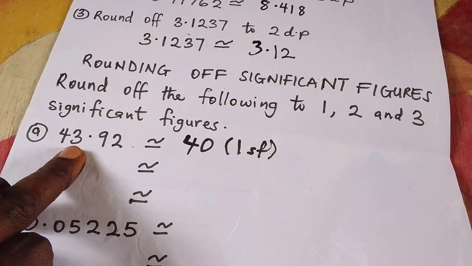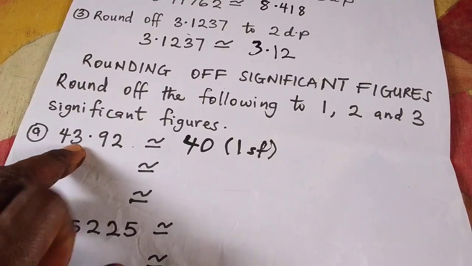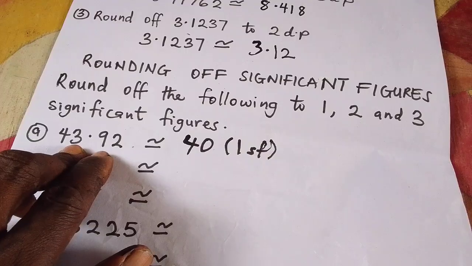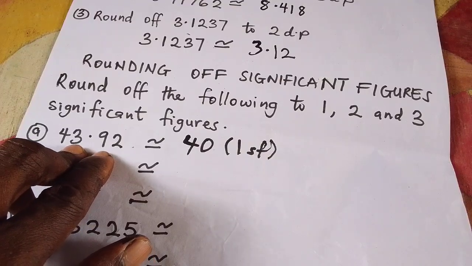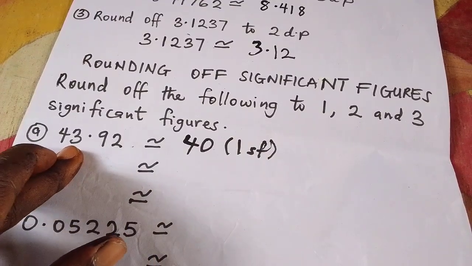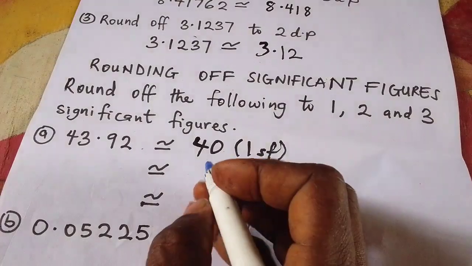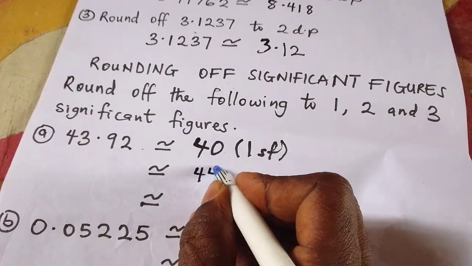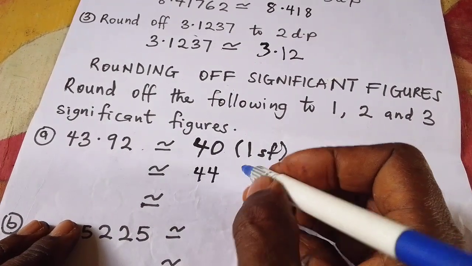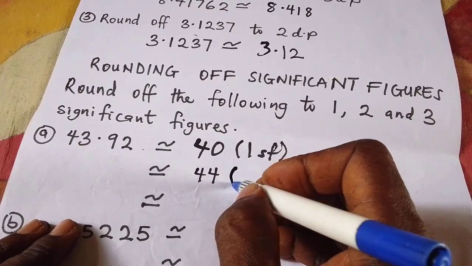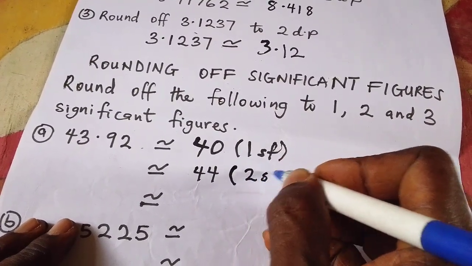You realize that whole numbers turn to 0, but decimals will be cut off. This 9 is after a decimal, so before you cut it off, you add 1 to this 3. So your answer will be 44. That means 43.92 to 2 significant figures will be 44.